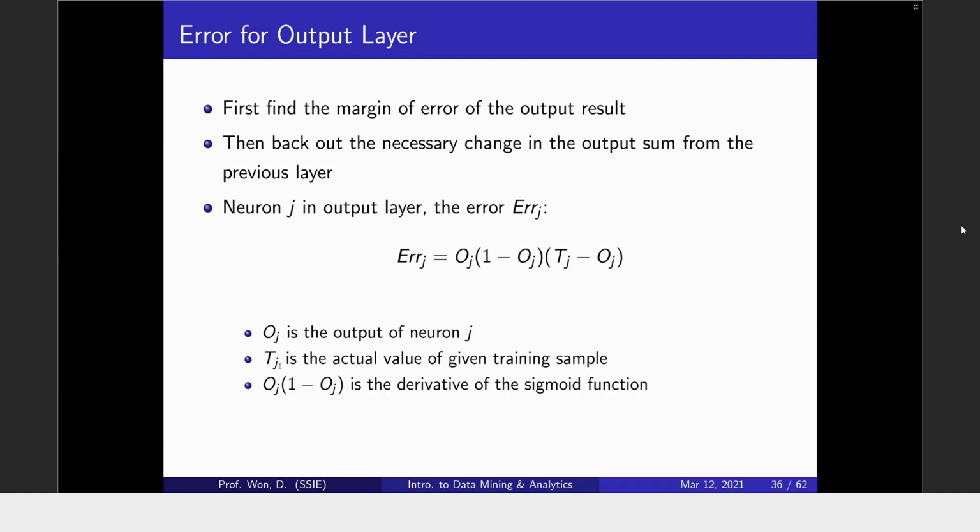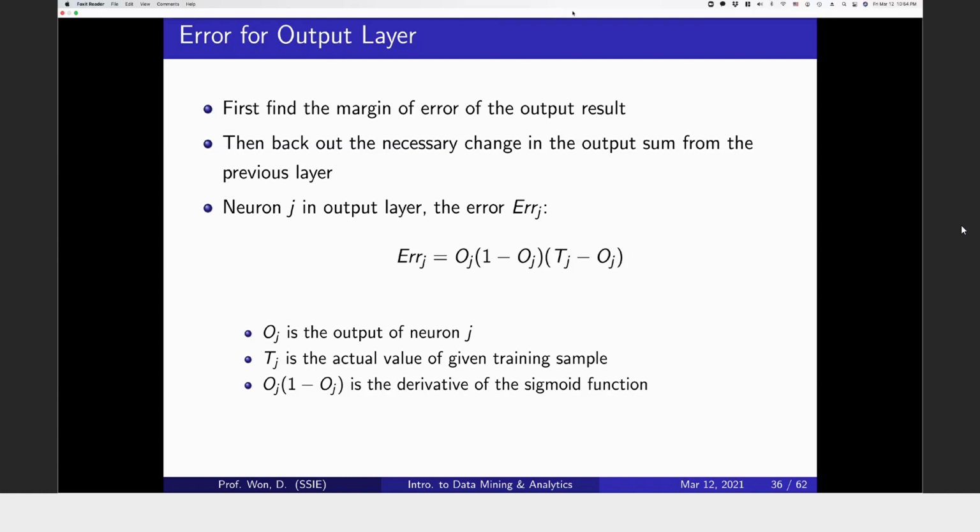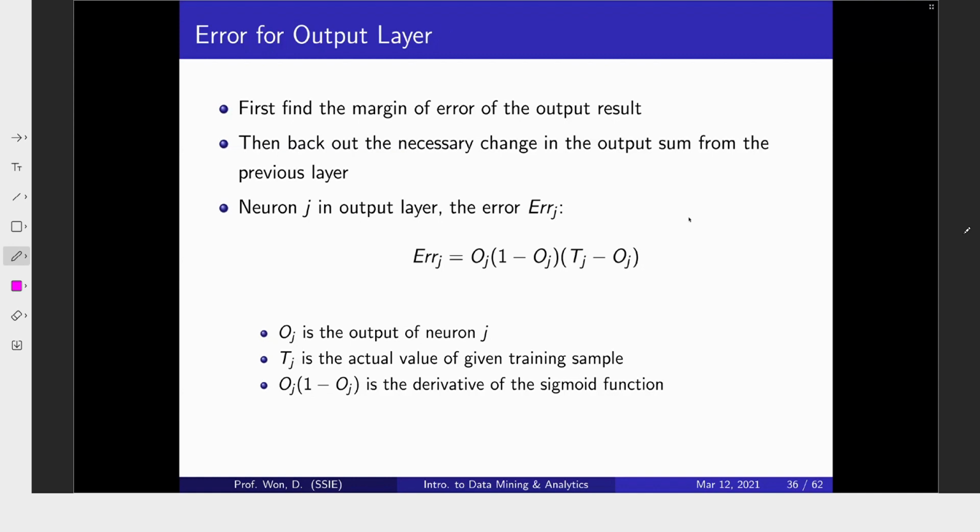The second thing is we apply a derivative to this, the changes, the error term. For example, TJ minus OJ squared is our final goal. So this is the objective, let's say this one is the error.